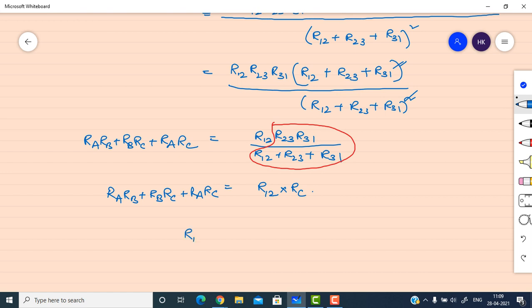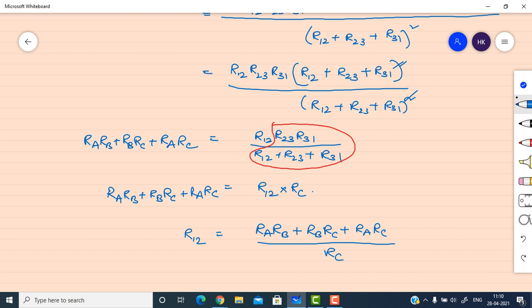Therefore R12 is equal to RARB plus RBRC plus RARC by RC. So this is the equation for R12. In the same way, you can find out R23 and R31.